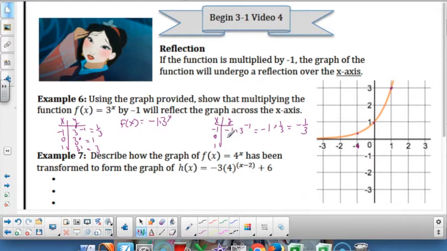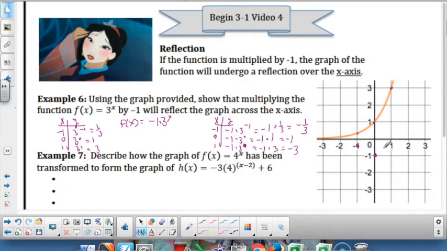When I plug in 0, I'm going to have -1 times 3 to the 0. Again, I do my exponents first, which means I get -1 times 1, which is -1. So at 0, I'm going down to -1. And then my last one, I'm going to have -1 times 3 to the first power. 3 to the first is 3, but -1 times 3 is -3.